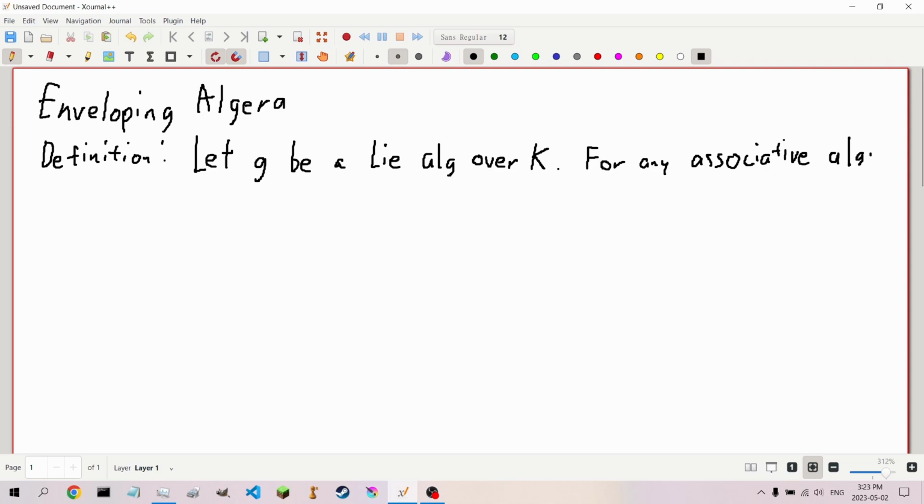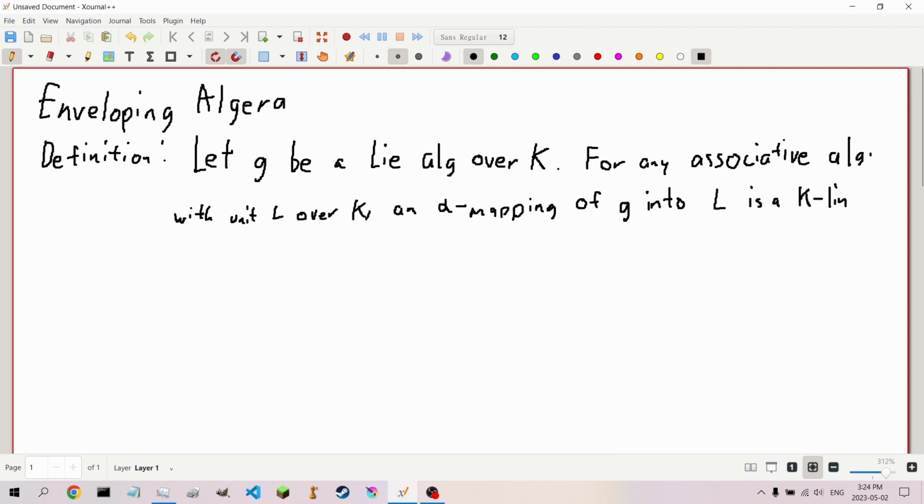So for any associative algebra with unit L, which is of course the algebra and not the unit, and this is also going to be over K. An alpha mapping of our Lie algebra G into the associative algebra L is a K-linear mapping.